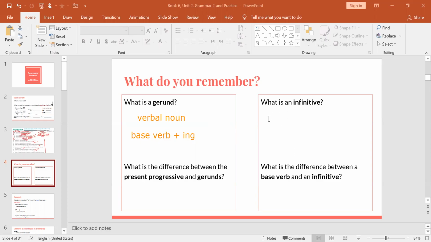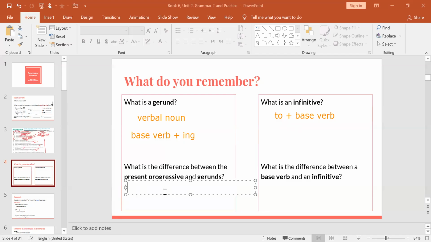And then if we go over to the right-hand side here, what is an infinitive? Infinitive is basically to plus the base verb, and it's not conjugated. What is the difference between the present progressive and gerunds? It's simple.